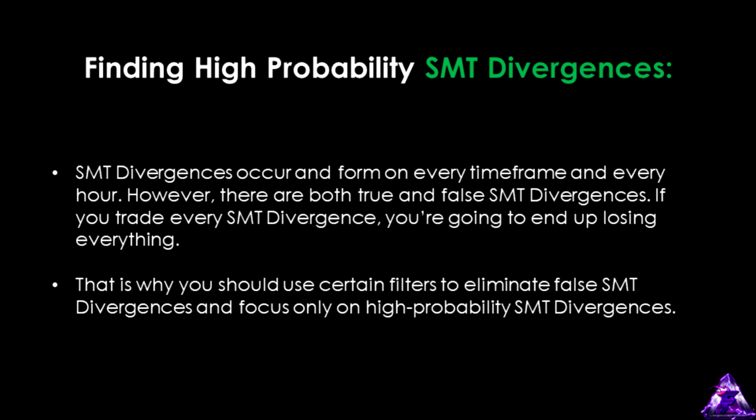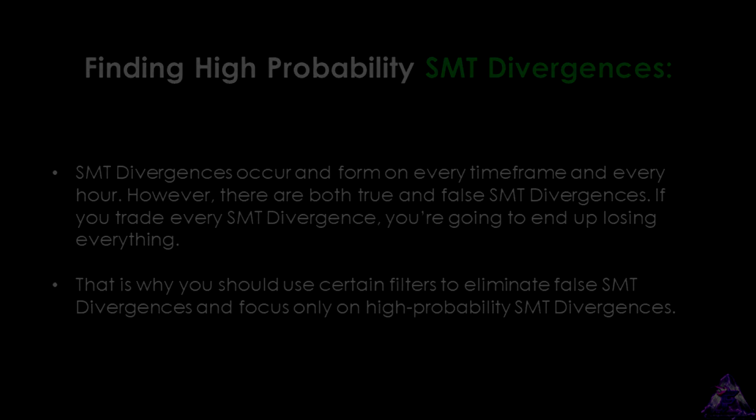However, if you use it as I've taught you, within a logical framework and with sound reasoning, you will set yourself up for success. The key takeaway is to avoid treating SMT like a pattern. Instead, focus on identifying and trading it at key points and market profiles, all within a logical framework, backed by sound reasoning and narrative. That's how to effectively use SMT divergences.